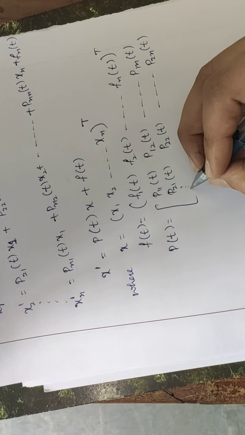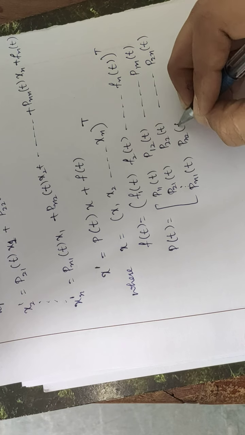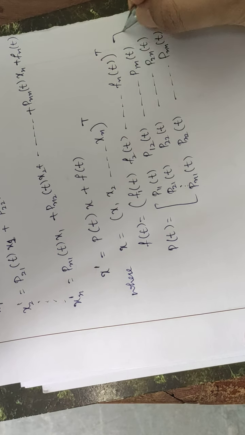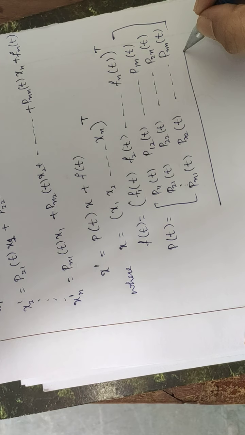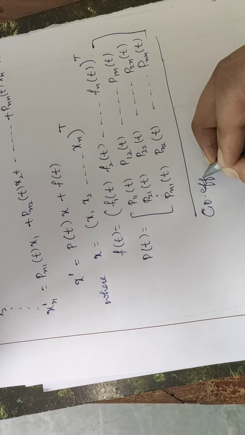Up to nth linear means pn1 of t, pn2 of t, so on up to pnn of t. So this is nothing but the coefficient matrix.